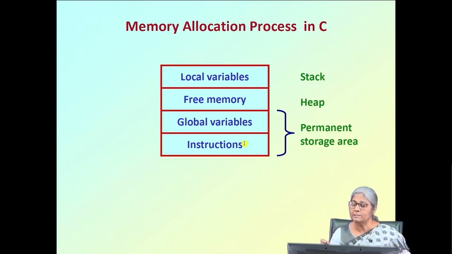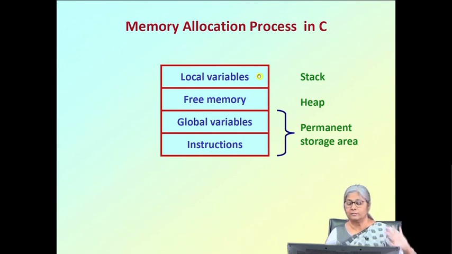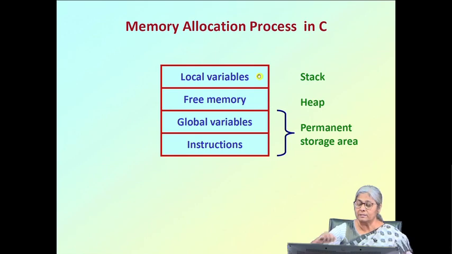So, global variables again occupy the permanent storage area. Then the local variables. Local variables can vary, and normally they are kept in a data structure called the stack. We will be reading the data structure stack later. So, local variables are stored there.